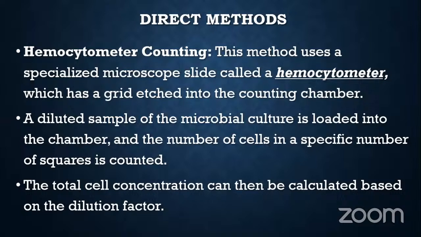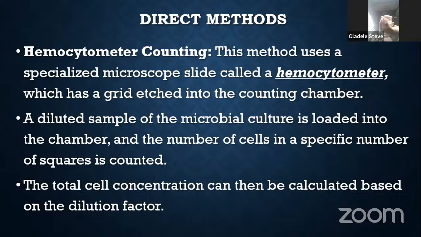The hemocytometer is a type of direct method that uses a microscope. It has a grid etched into a counting chamber, and usually a diluted sample of the microbial culture is counted. There's a diluting factor which is used at the end of the counting, and the specific number of squares that is counted gives an estimation of the microbial cells.